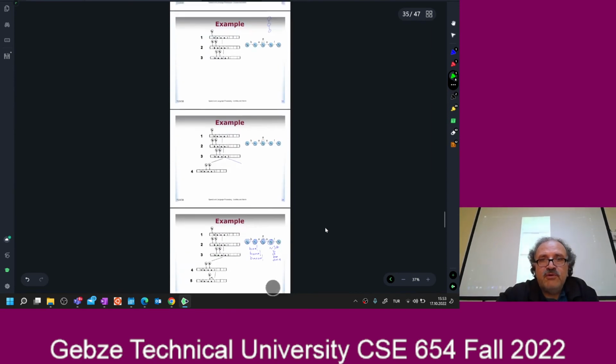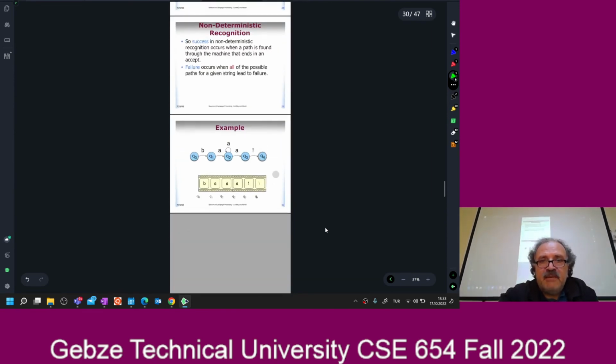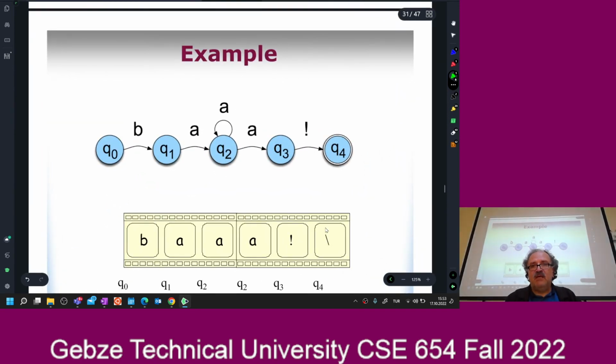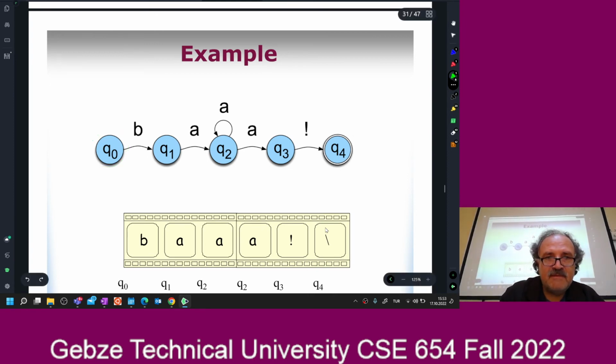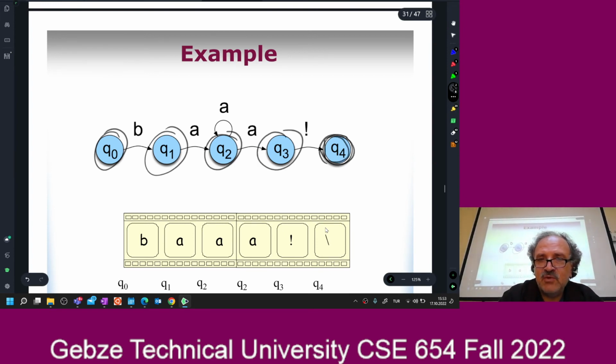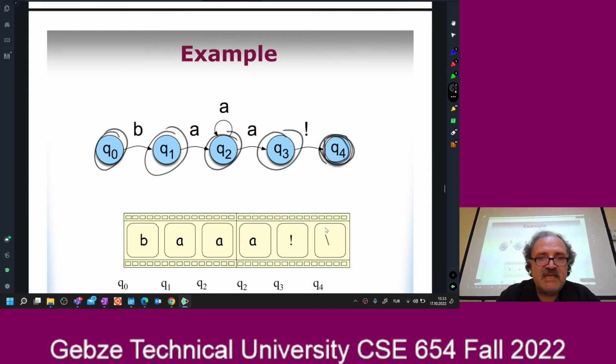If I go to my sheep language, I am going to take the negation of it now. So it is exactly the same thing. Q0 will be a final state. This will be final, final, and this one is not final. This is a regular Q4. So that will be the negation of it.